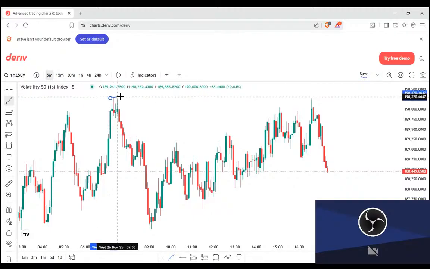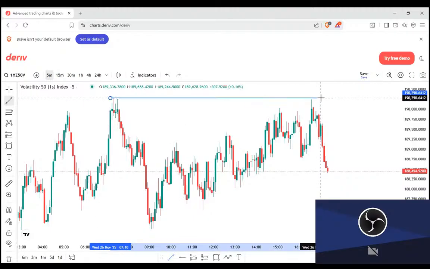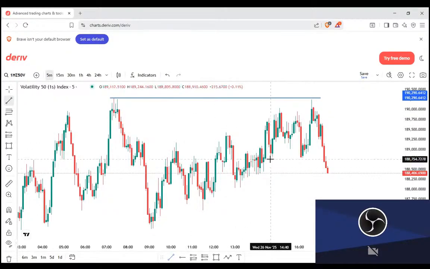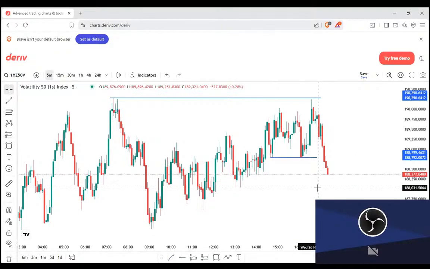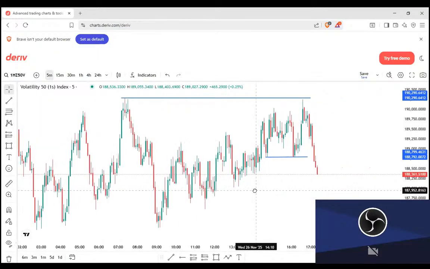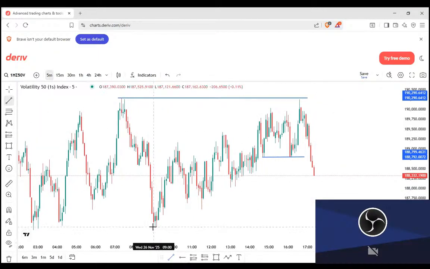Right now, price is pulling out from this high on the 5 minutes time frame. This continuation candlestick, this nice breakout structure here. Price has broken out this low, correct, and we have price coming all the way to this low.